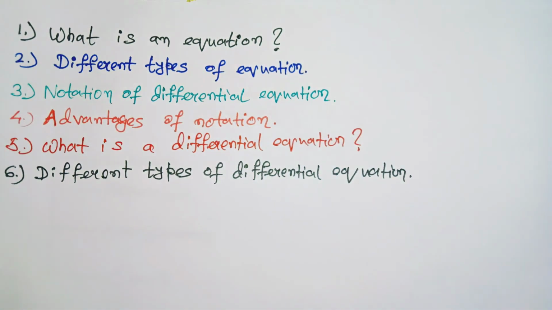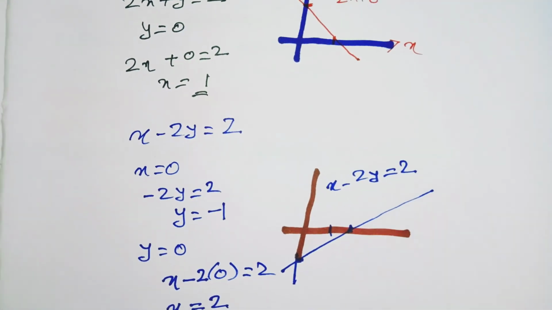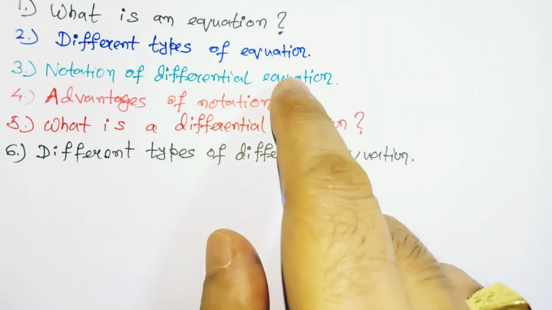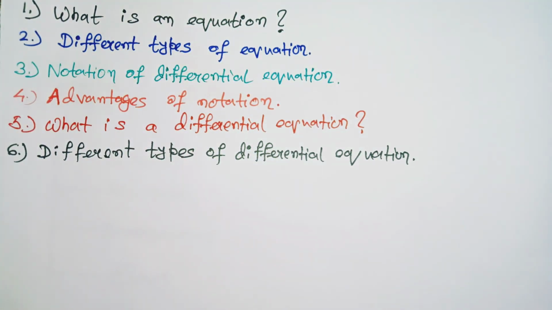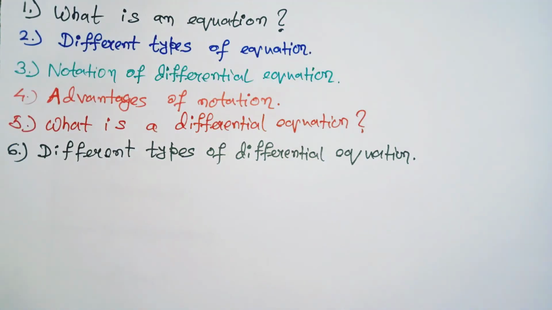We have seen that it is done with linear equations. We have seen examples in which we are plotting lines and it is coming as a straight line. Different types of equations, we have already seen what they are. We started with what is an equation, the different parts. We have seen different types of equations, which is also there in the video. You can watch it in the earlier one.